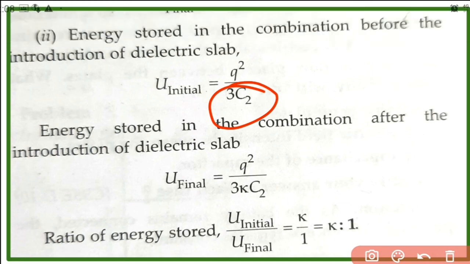Now energy stored in the combination after the insertion of the dielectric slab will be Q square by 3KC2. Got it? Because now the capacitance has changed. So the ratio of initial to final will be K is to 1. So the answer is K is to 1.